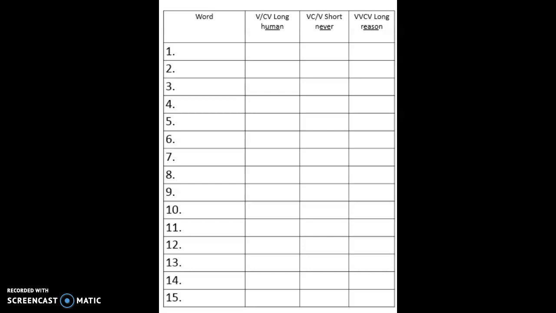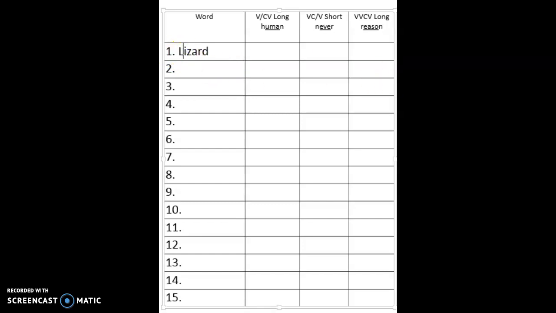For example, if I give you the word lizard, like the animal, there is a lizard in the backyard. You are first going to spell the word lizard. L-I-Z-A-R-D. I am then going to find the pattern starting with the first vowel.